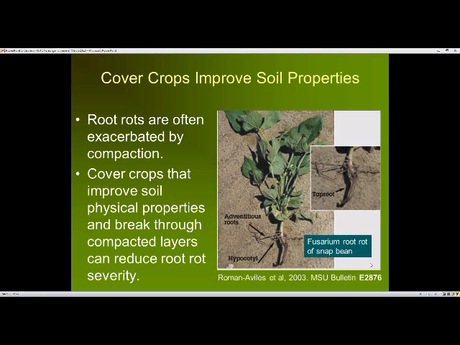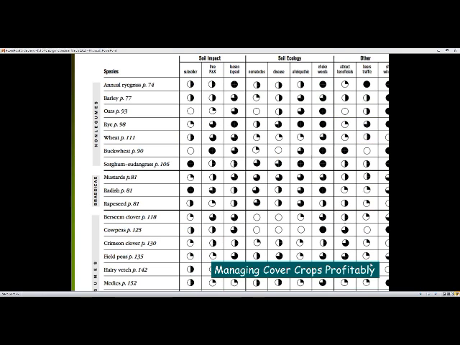So if you can identify cover crops and grow cover crops in your rotational system that can improve soil physical properties and break through those compacted layers, you can actually suppress this important disease.